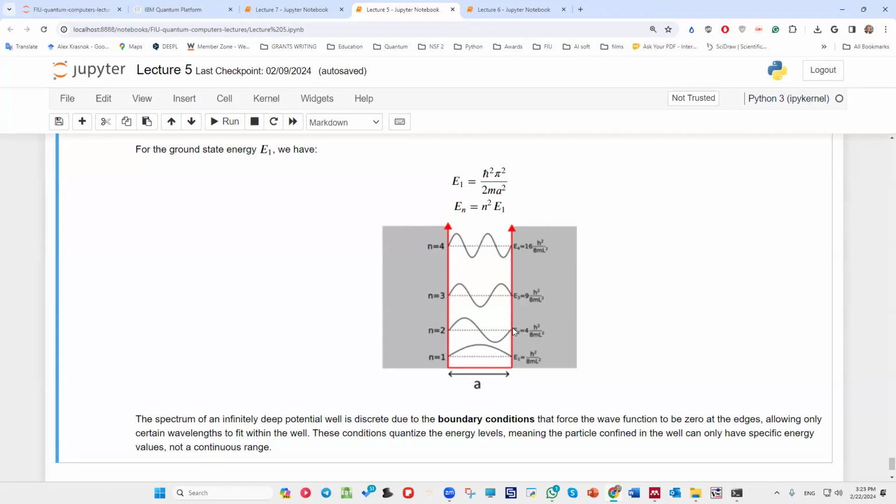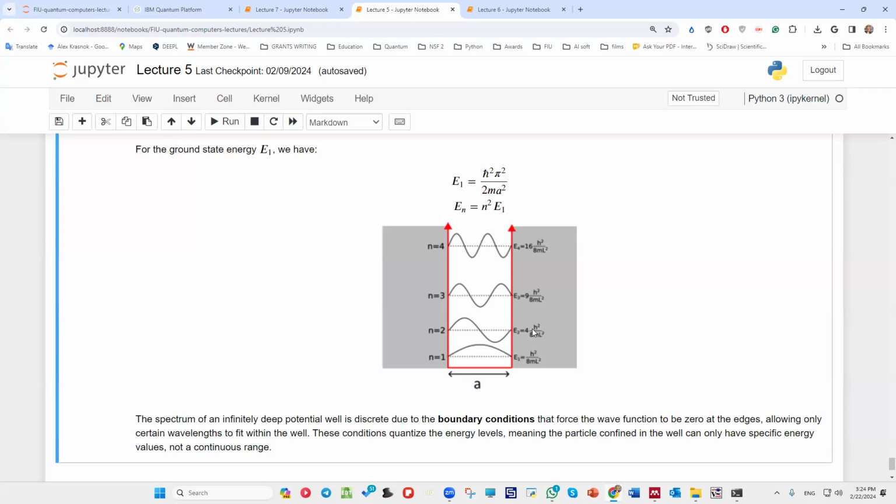So a very important point to notice here is that applying the boundary conditions, like trapping a quantum system in some dimension, in some area, leads to creation of a quantum spectrum.